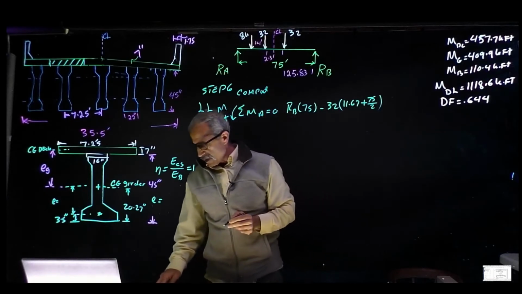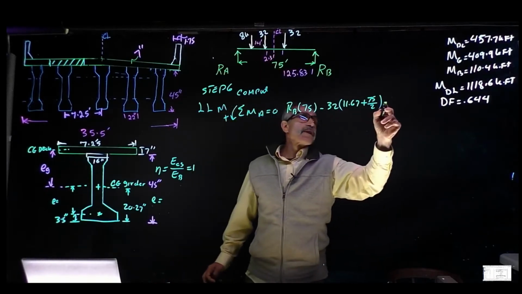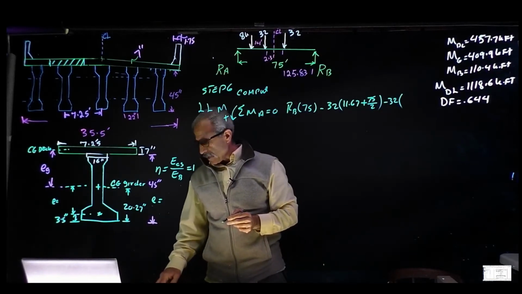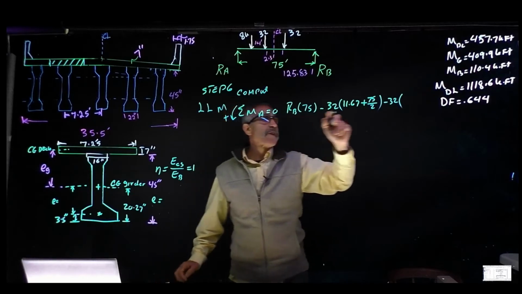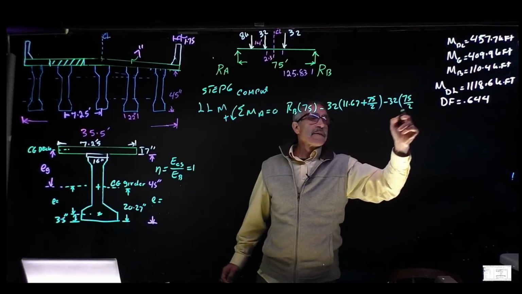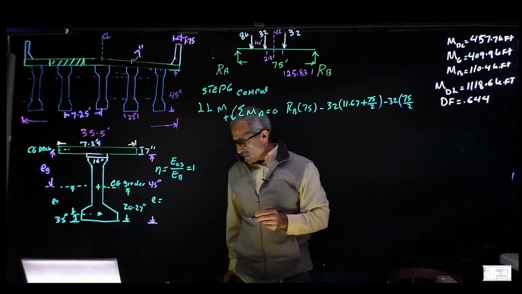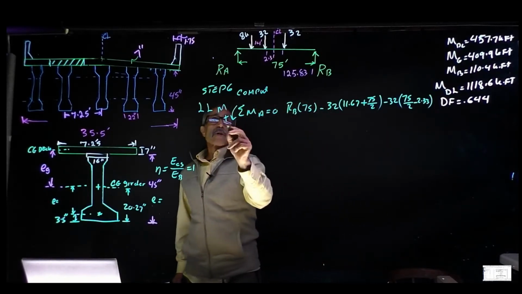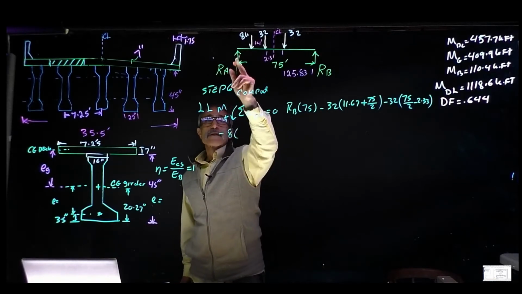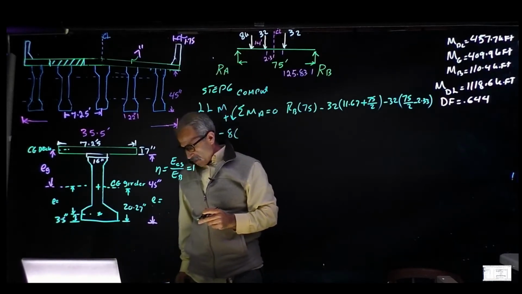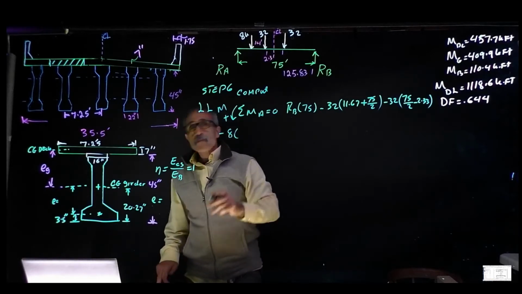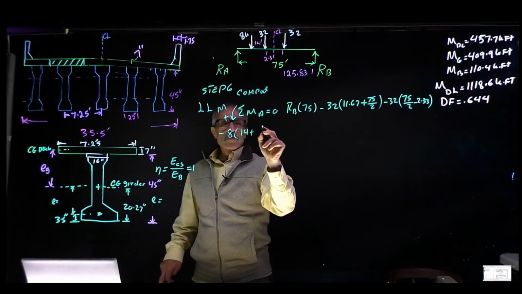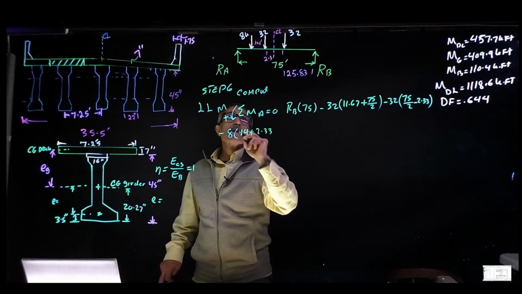And then we have this one, minus 32 kips times, that's just halfway, 75 divided by 2, and take out the 2 feet 4 inches, which is minus 2.33. Then I'm also going to have minus 8 kips times that little distance, which we can just calculate: 14 plus 2.33.